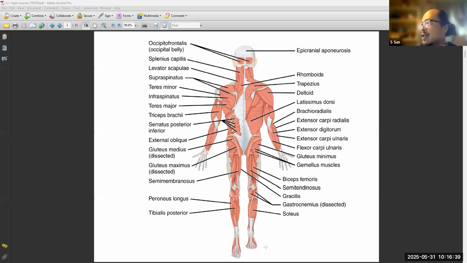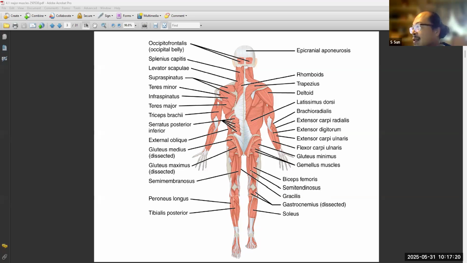For the back of your legs, the primary thing you can see is the biceps muscle right here, the femoris, because the leg bone is the femur. Two muscles kind of split our posterior side. One is called biceps femoris, toward the lateral side, and the one toward the medial side right here is called semitendinosus.